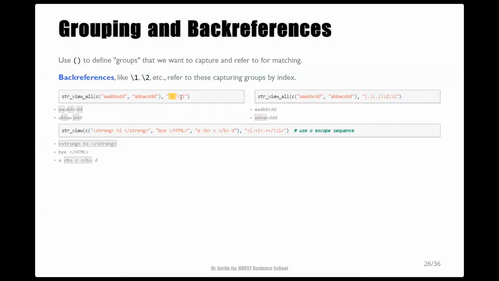So this entire regular expression matches pairs of repeated characters. And this expression finds all quadruples of the ABBA pattern because the two back references swap the positions of the two capturing groups. And an important use of capturing groups and back references is parsing HTML tags, as shown in this example.